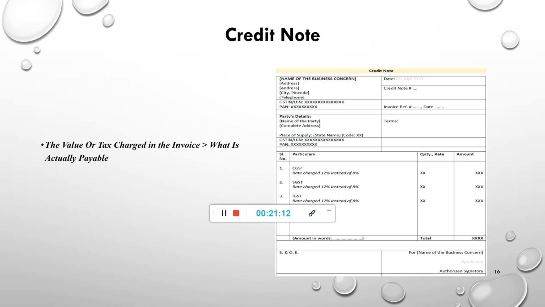A registered person who issues such a credit note has to declare details of such credit note in the return for the month during which such credit note has been issued, but not later than September following the end of the financial year in which such supply was made, or the date of furnishing of the relevant annual return, whichever is earlier.